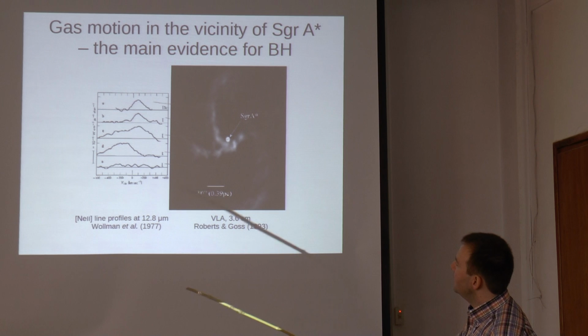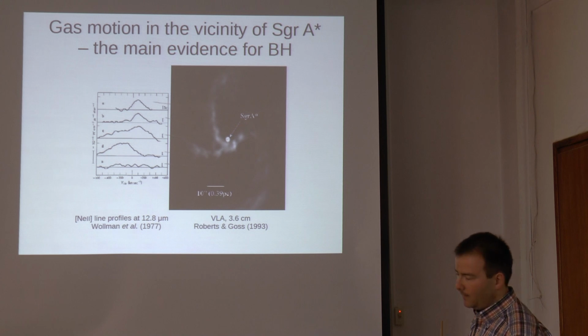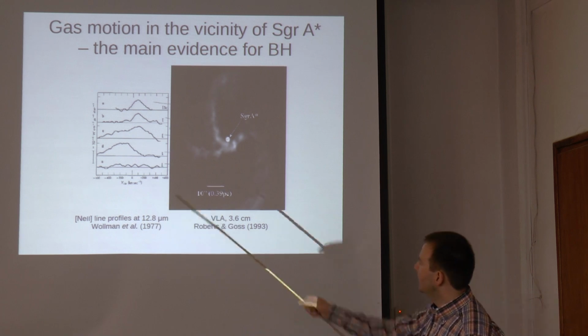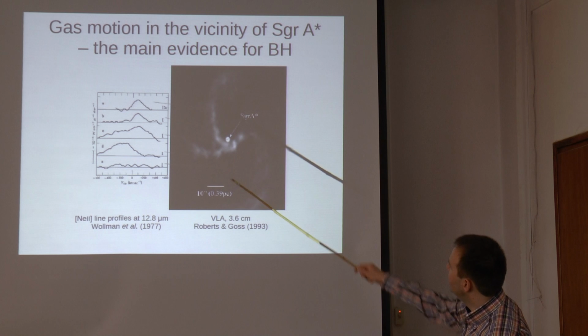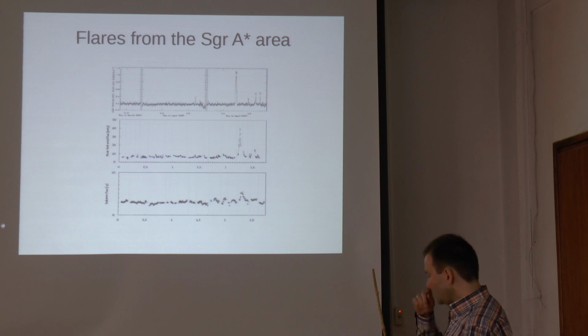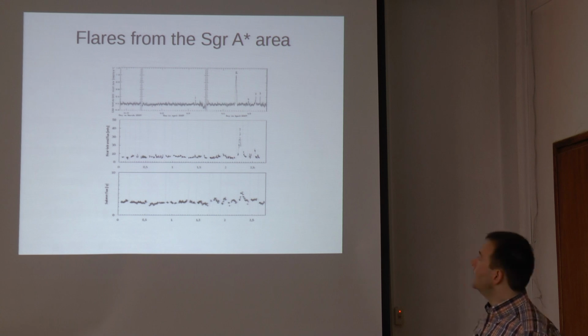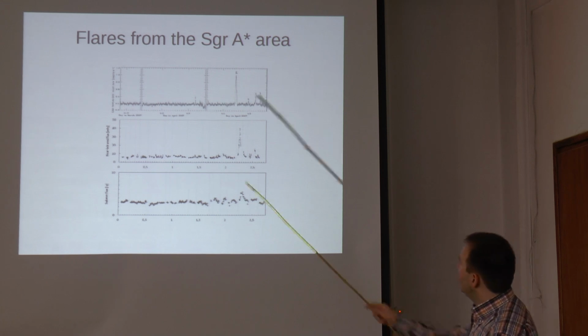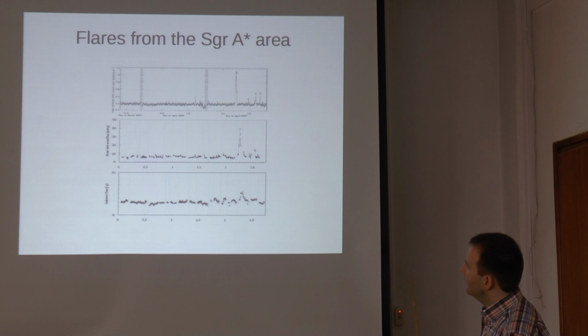And here I show you the evidence for the massive objects at the center of our galaxy from the 70s, from measurements of the radial velocity of gas in the vicinity of Sagittarius A star. And I mentioned the flares. So we observe flares in this source in X-rays, in near infrared, and in radio.